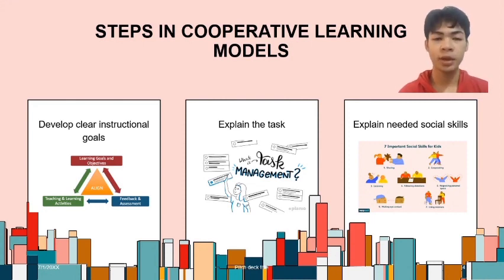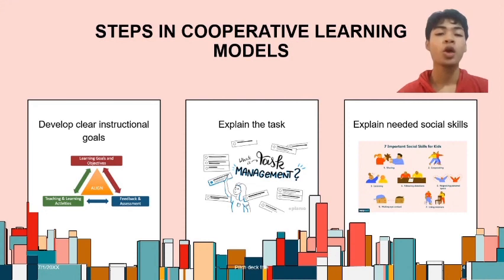Next, explain the needed social skills. This is also important in cooperative learning because our social skills are the ones being activated to engage with others. There are 7 important social skills. The first is sharing, like sharing information.